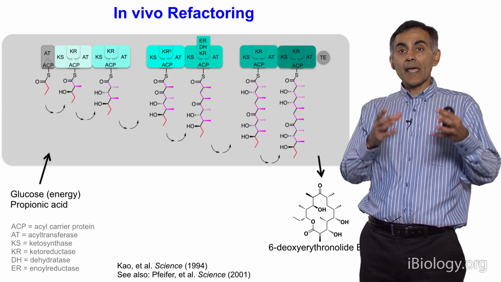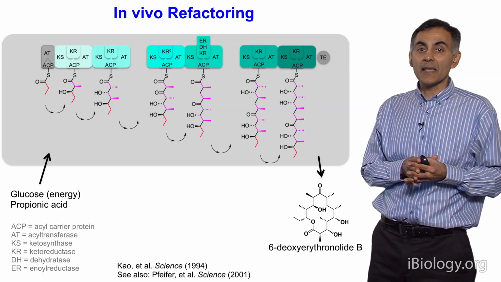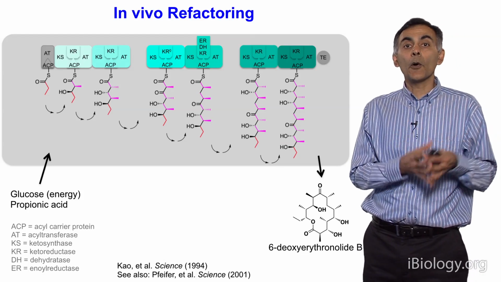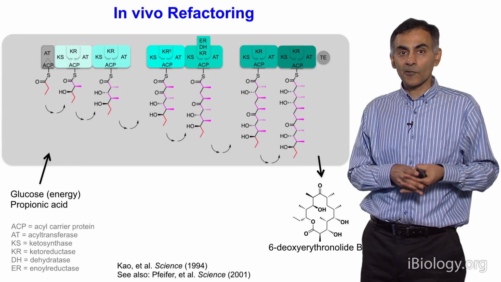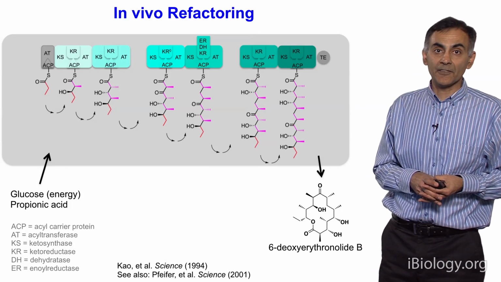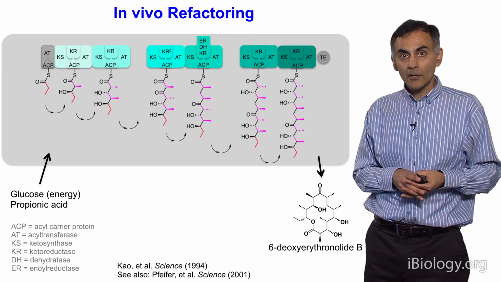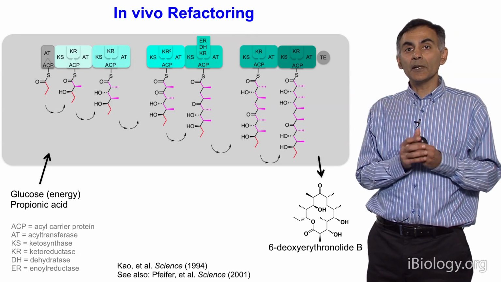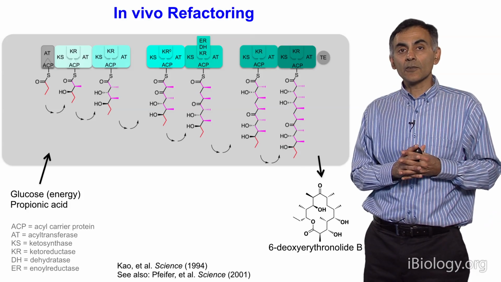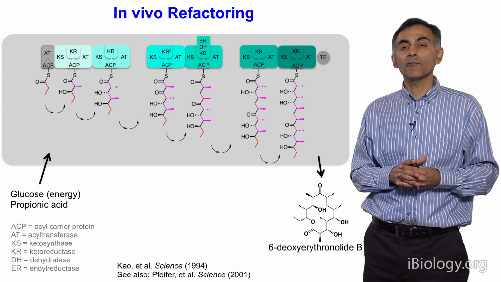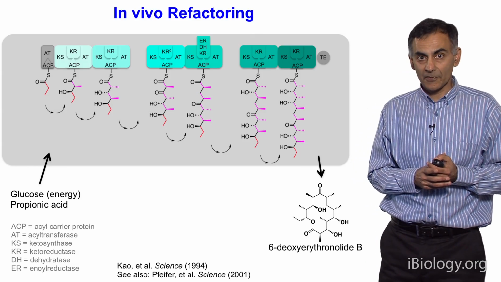So today you can make 6-deoxyerythronolide B in E. coli by growing it in the presence of glucose as a source of energy and propionic acid as a source of all the carbon that's used to make the product, so long as the recombinant E. coli contains DNA that instructs for the biosynthesis of those 3 very large proteins that comprise DEBS.